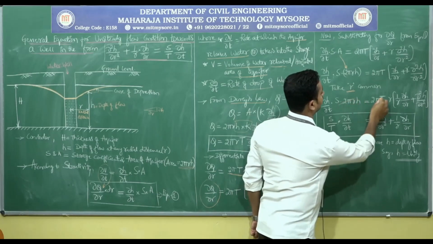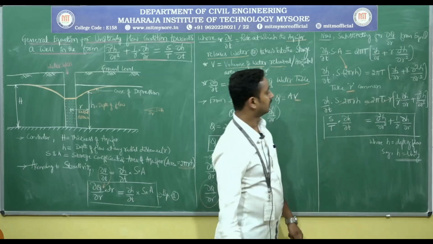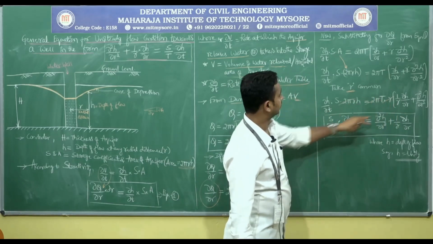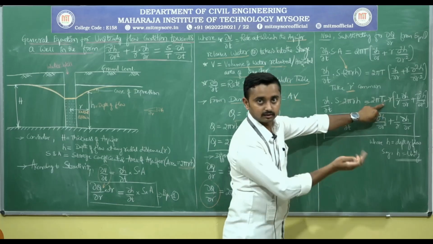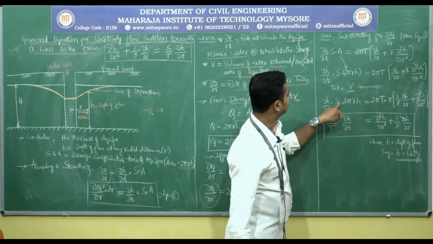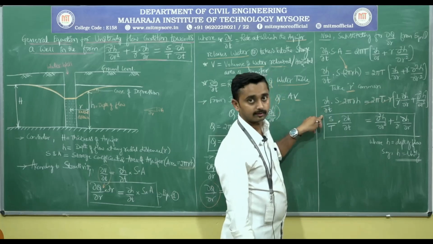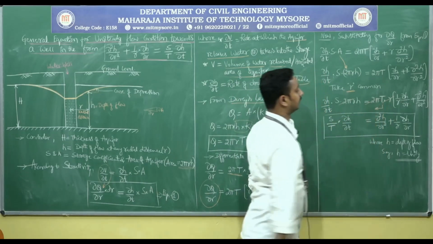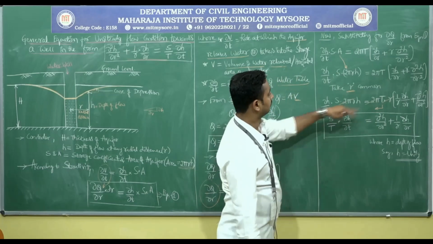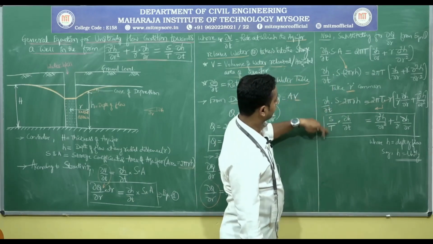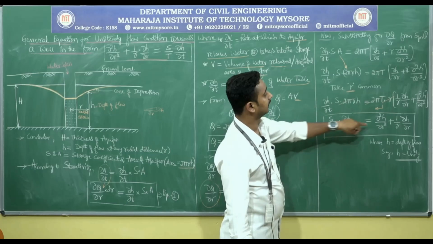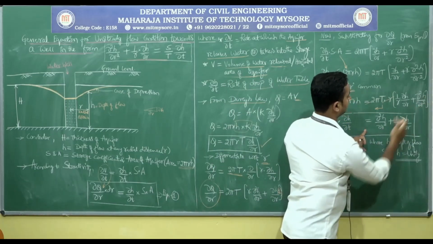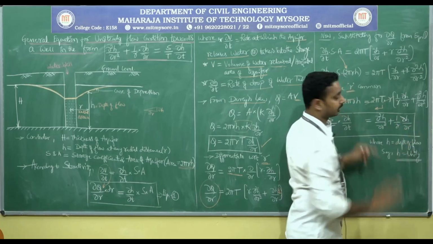2πR cancels. The remaining term, listen, just take this T to this term. So S by T into ∂H by ∂T, take T to the left, so that becomes S by T into ∂H by ∂T equals the remaining term, ∂²H by ∂R² plus 1 by R into ∂H by ∂R.